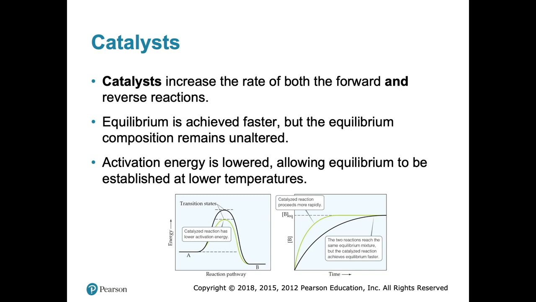So here we have our reaction energy diagram, with energy on the y-axis and the reaction pathway on the x-axis. The reactant is A here, the product is B. A reactant has to go up to the transition state and then come back down to B, which is always lower than A for a reaction to occur.